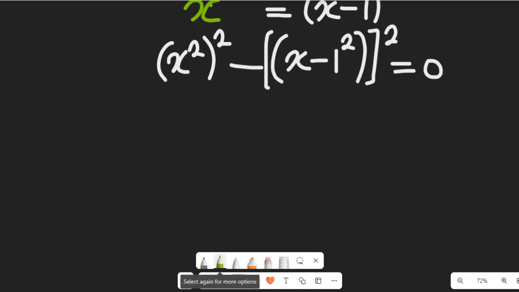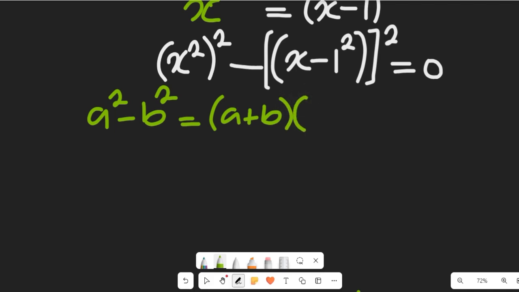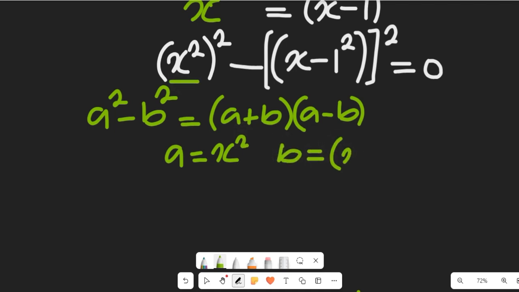So if I want to simplify this, I'll recall an algebraic formula. Recall that if you have a squared minus b squared, this is a difference of two squares, and we're going to have (a plus b) multiplied by (a minus b). From this expression, you can see that a is equal to x squared, while b is equal to (x minus 1) squared.